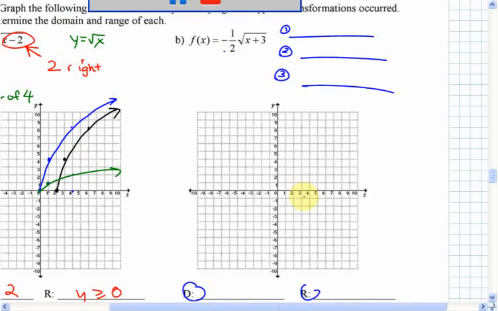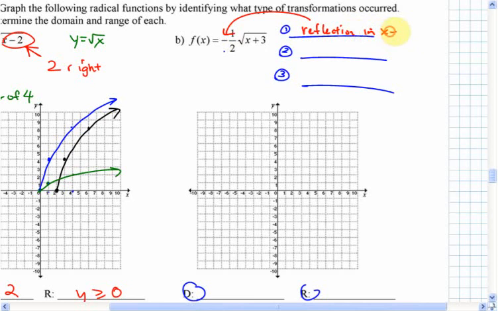What are the 3 transformations here? Can someone list one of them for me? Reflection. Yes, that negative represents a reflection in the x-axis. Good. Next. That 1/2, sure, is a what? Vertical compression.